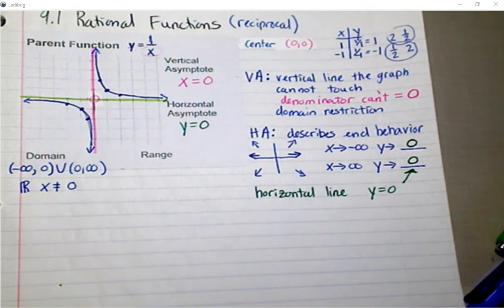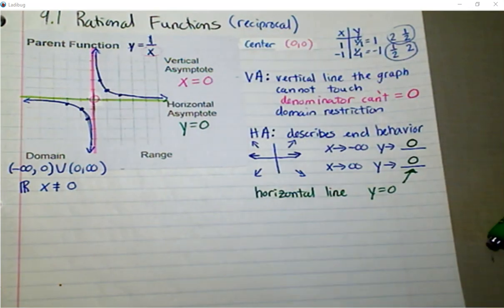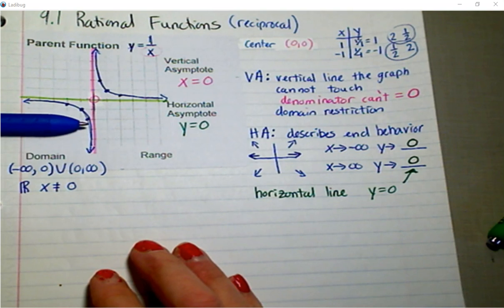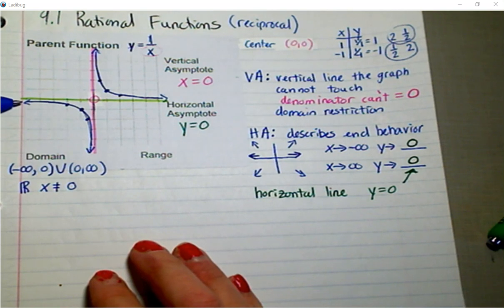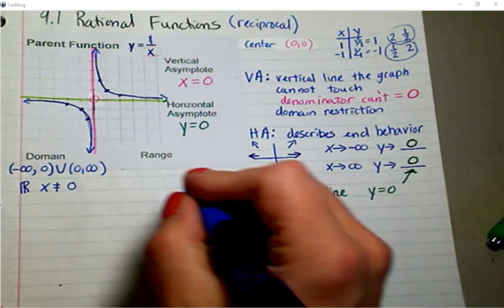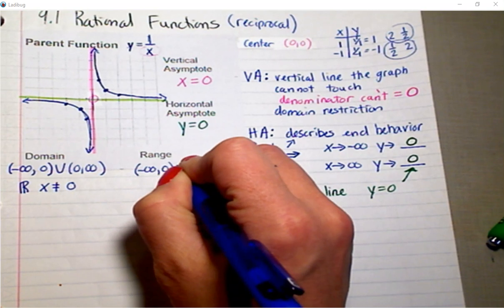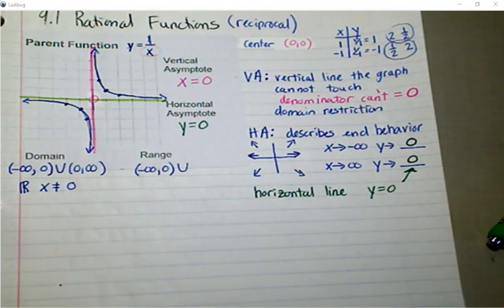Now that I've done this horizontal divider, I'm going to do the range. And I'm going to start bottom to top. So it starts at negative infinity, and it appears to stop when I hit 0. So the range is going to go negative infinity to 0, union, because I have to pick my pencil up.